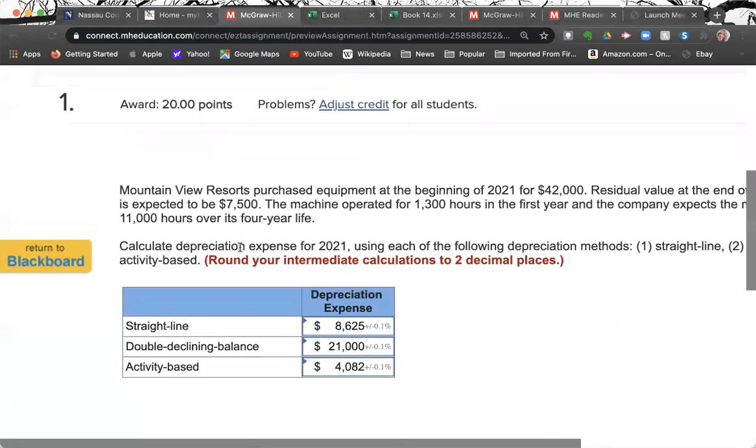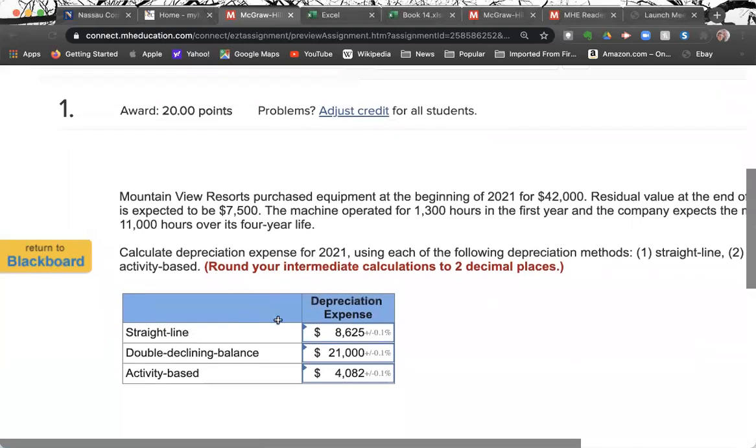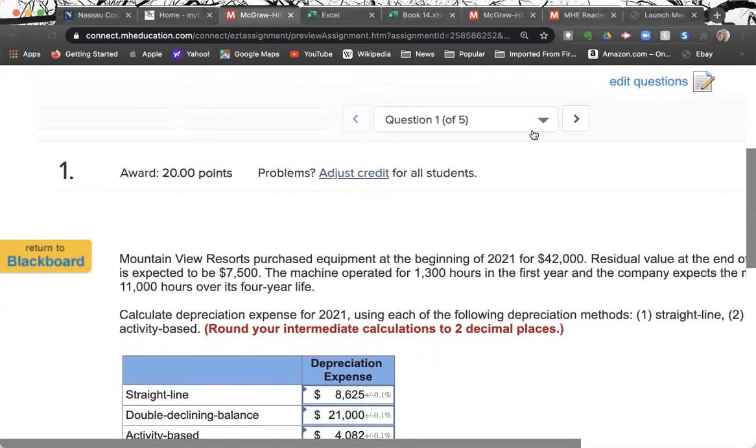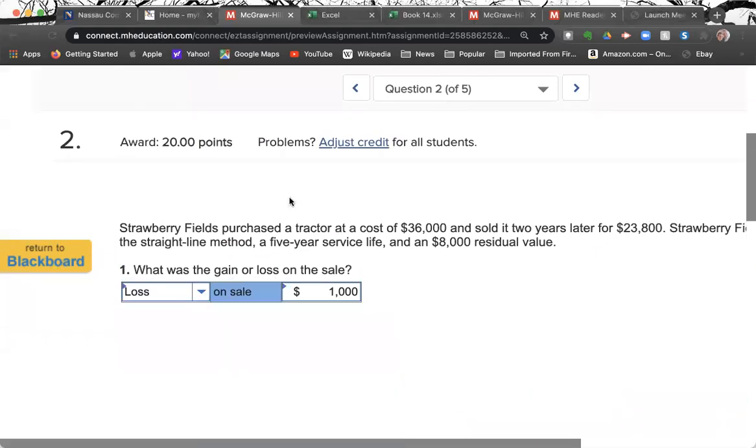So you've got a depreciation problem, straight line, declining balance, activity based. You only have to calculate it for 1 year. You've got a, in this case, it was a tractor that was purchased and sold 2 years later.